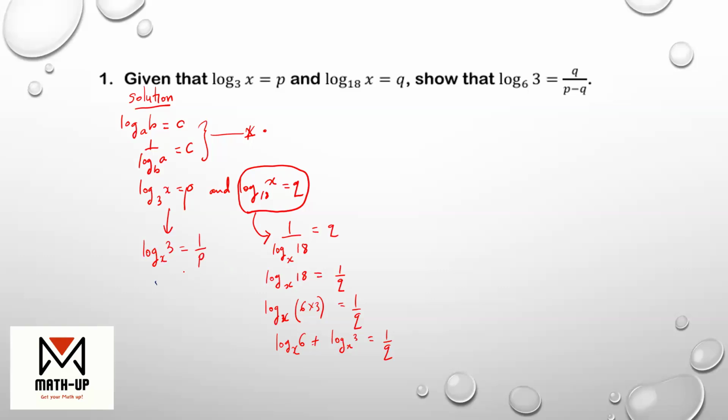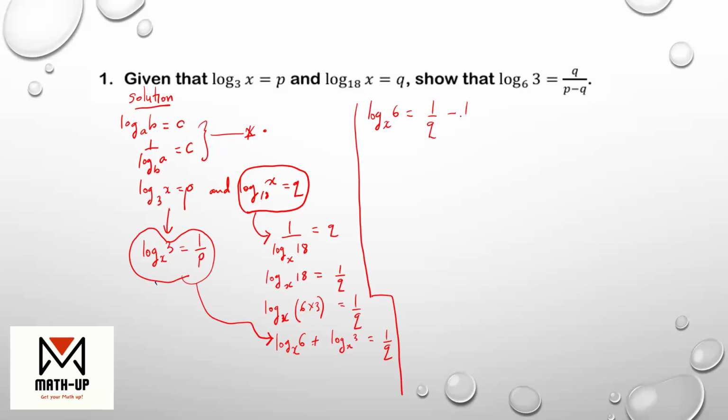So I'm going to use this right here. And that will give us log of 6 to the base x is equal to 1 over q minus 1 over p, which is the same as saying p minus q over pq.